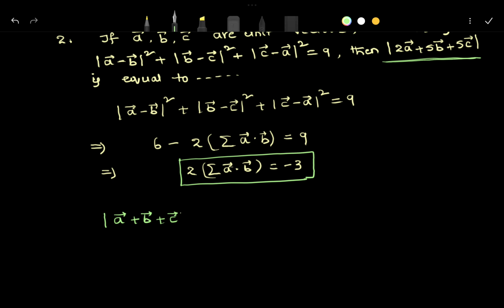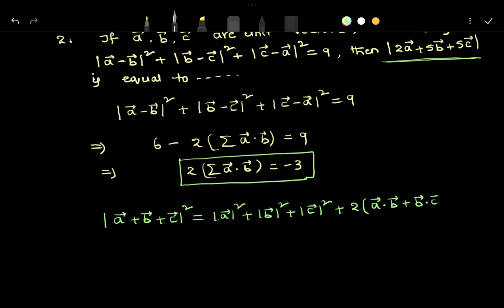Modulus of a bar plus b bar whole square, you know this formula will be modulus of a bar whole square plus modulus of b bar whole square plus modulus of c bar whole square, plus 2 into a dot b plus b dot c plus c dot a.